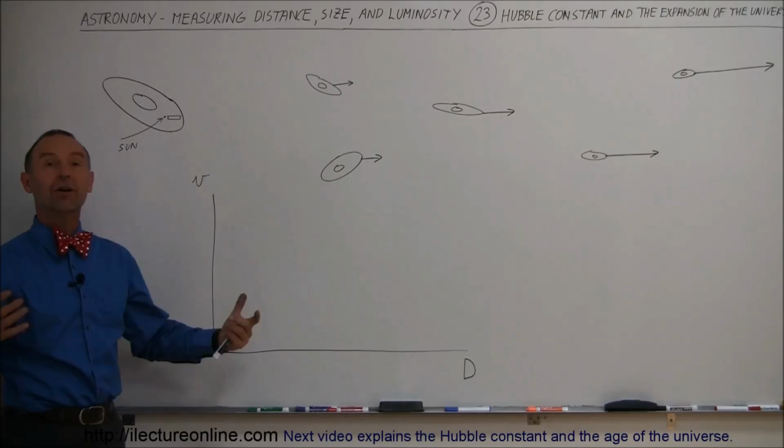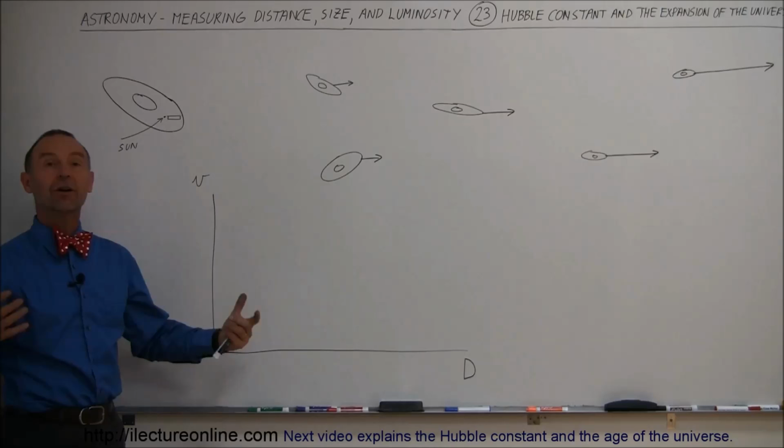But he made the general assumption that if the galaxies were farther away, they would look smaller, and if the galaxies were closer by, they would look bigger. Of course, that's only true if all the galaxies were the same size, which by no means is true. But in general, the farther you look, the smaller the galaxy should appear on average. And so he felt that that was a fairly safe assumption to make, and he began to draw his diagram.